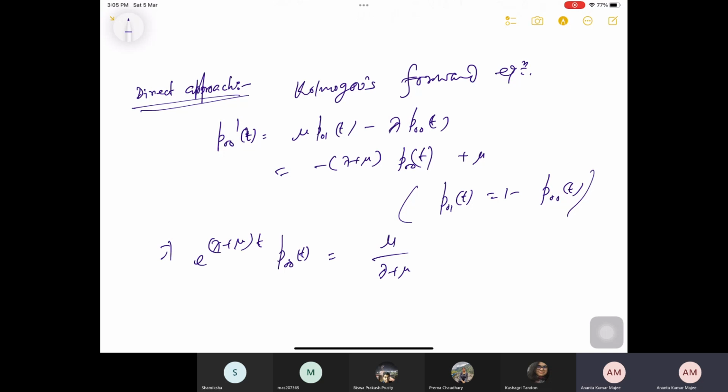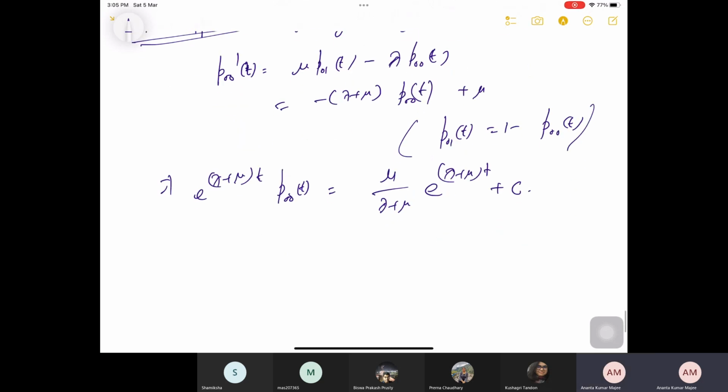Then e to the power lambda plus mu t times p00(t) is equal to mu by lambda plus mu times e to the power lambda plus mu times t, plus c. This implies p00(t) is mu by lambda plus mu plus c times e to the power minus lambda plus mu times t. Now what is my c? I need to find out.